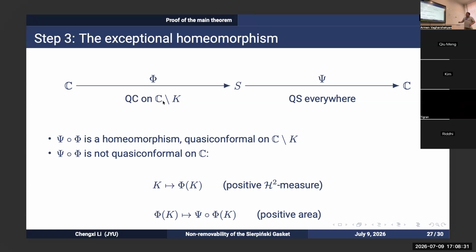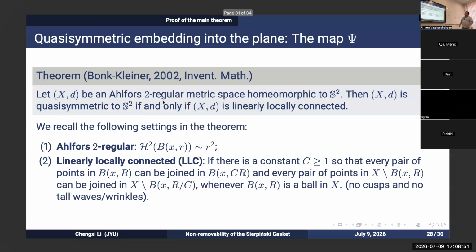The first map is quasi-conformal on C minus K, and this is quasi-symmetric everywhere, and of course quasi-conformal. Then the whole map from C to C is quasi-conformal on C minus K. So we need the Bonk-Kleiner theorem.